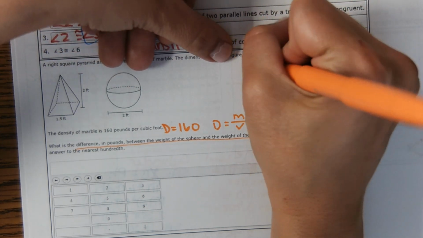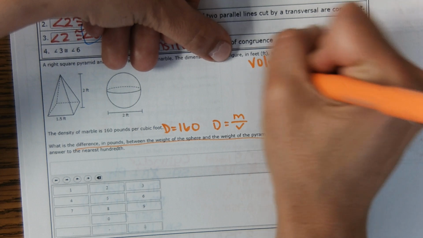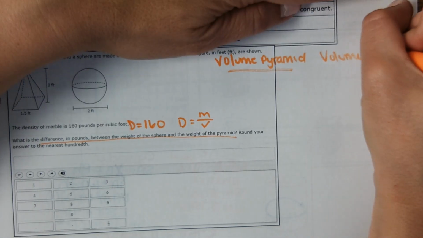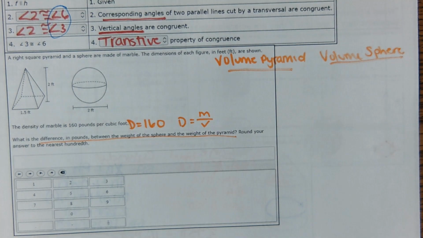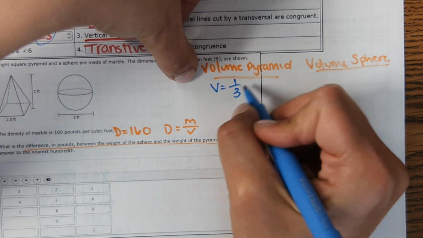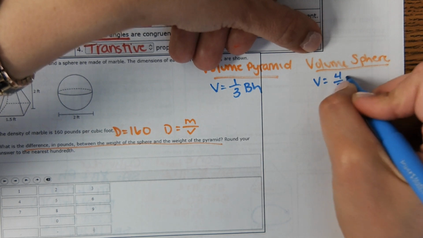So we're going to need to first find the volume of the pyramid, and then also find the volume of the sphere. Volume of a pyramid equals 1/3 area of the base times height, and volume of a sphere is 4/3 pi r cubed.